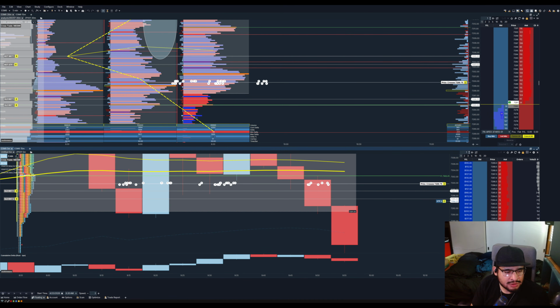So on one of my TradingView charts, I should add it to my scenes, I have 72.60 as one of the levels to look out for, or one of the targets, I guess.